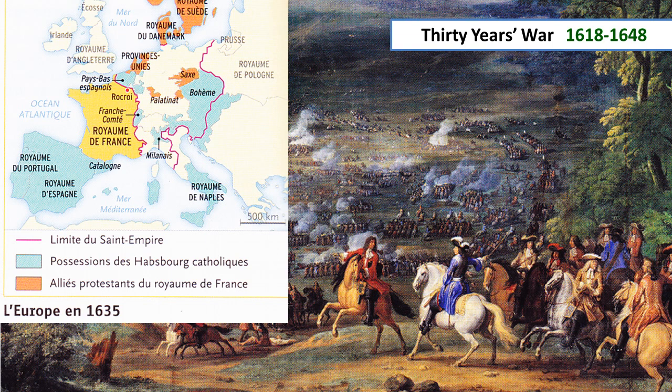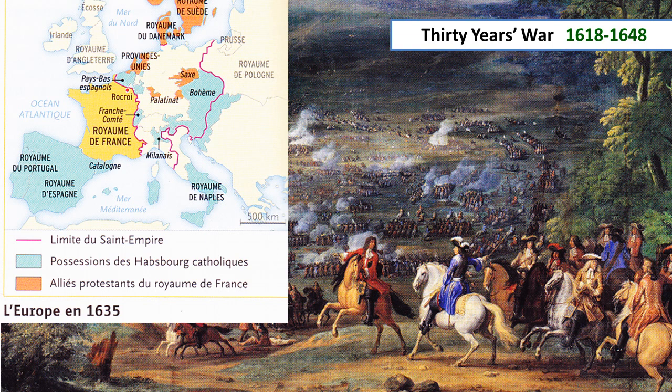And so by 1635, France entered this 30 Years' War, but on the side of the Protestants, because Richelieu and the king believed that it was France's national interest to help the enemies of Spain, because Spain was the enemy of France.